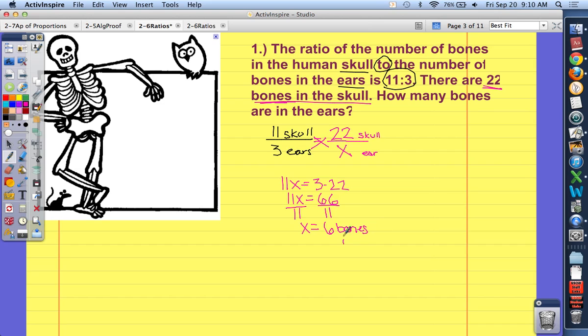But why does cross multiplication work? Can you explain that to me? Can you justify why you're allowed to use it? Let's go back to the original equation, okay? We have 11 over 3 is equal to 22 over x. The reason cross multiplication works is because it's like a shortcut.